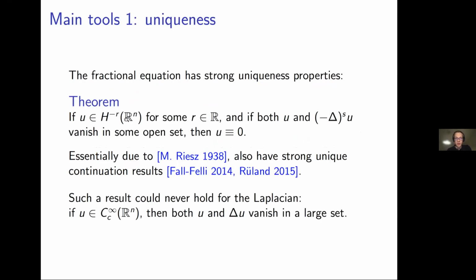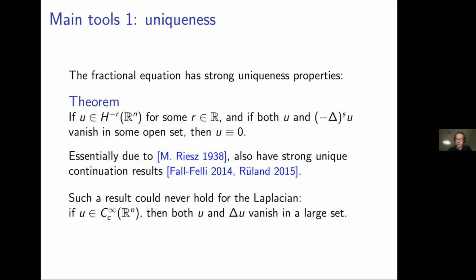There's this theorem that if u is an arbitrary Sobolev function, maybe in some negative Sobolev space, and if there is some open set in Rn so that both the function u and the fractional Laplacian of u vanish in the same open set, then this function u has to be 0 in Rn. So if both u and the fractional Laplacian of u vanish in some open set, then u is identically equal to 0.